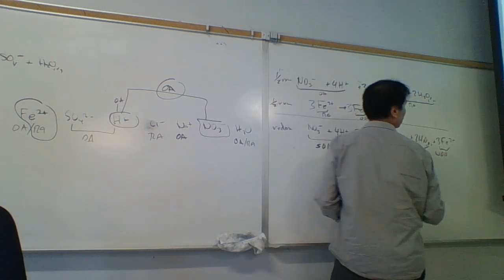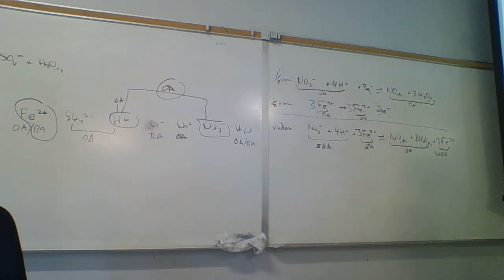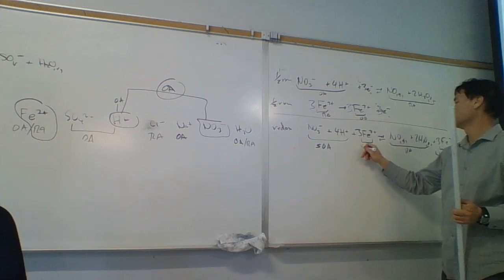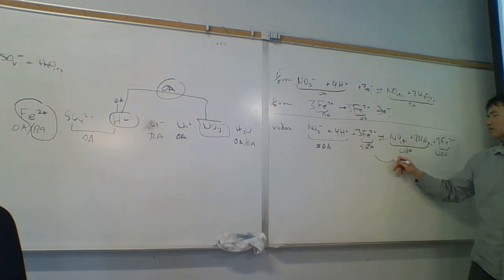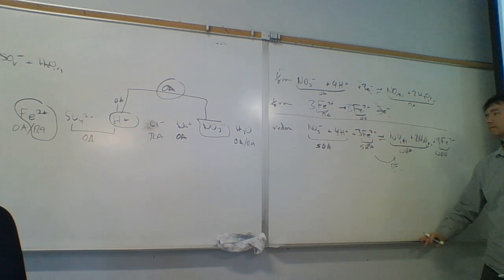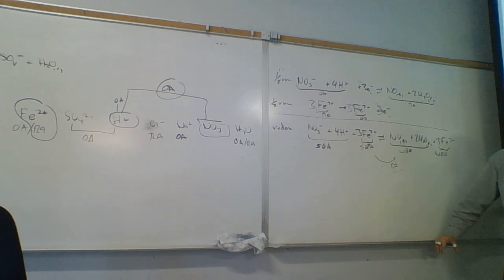Iron 3 is weaker. Because of the conjugate relationship, the reducers are flipped, and therefore iron 2 will be a stronger reducer than NO and H2O. And so we have driving force here. This is driving force, and so we get a reaction.